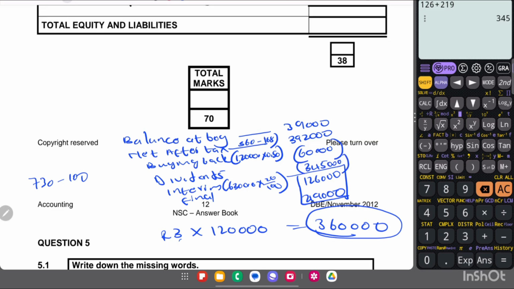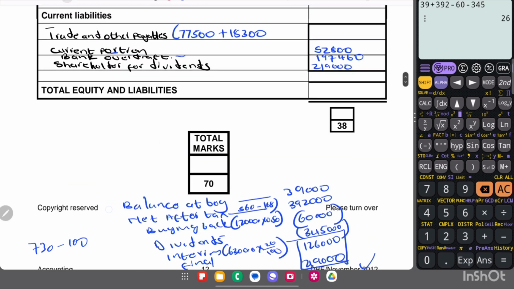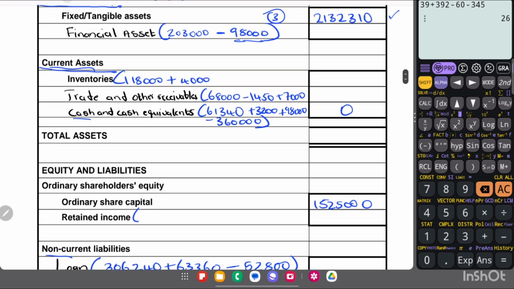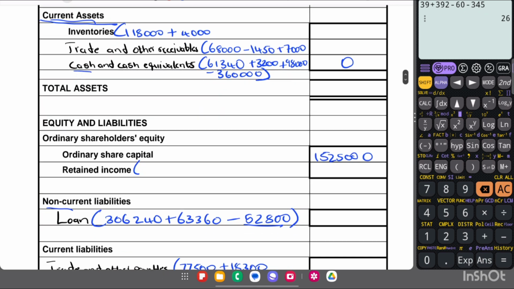It must be in bracket because we are paying. Then it's gonna be 39 plus 392 minus 60 minus 345. Then I'm getting my balance at the end, and the retained income is 26,000. Then you can go back now to your retained income and record now that 26,000. This one is gonna be 26,000.